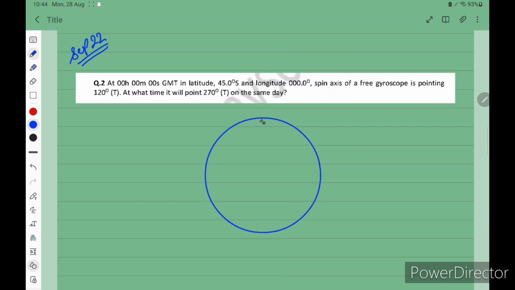Okay, so PZX triangle, longitude 000, south. It is south, so the equator will go this side. North, east, south, west.